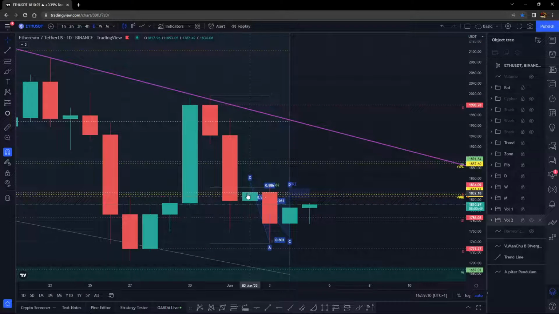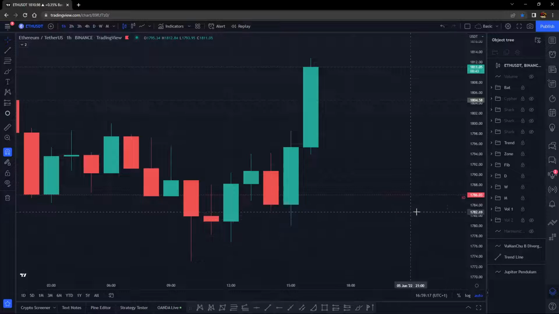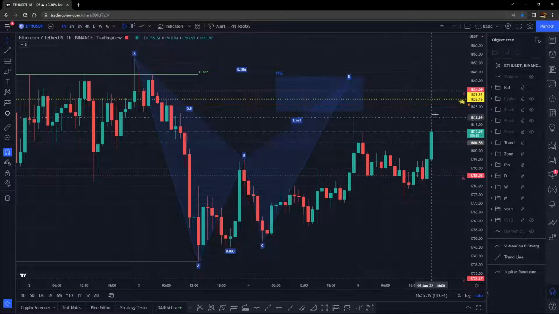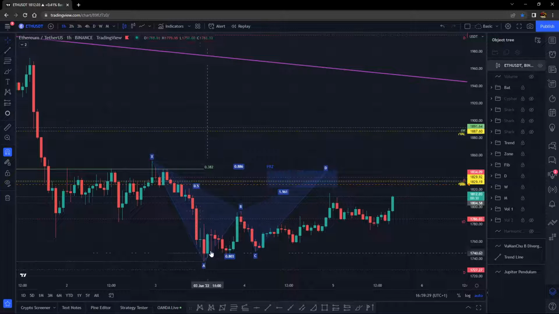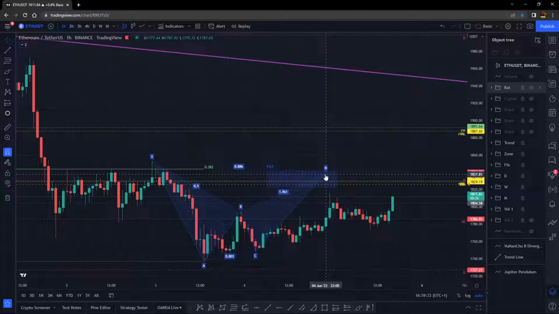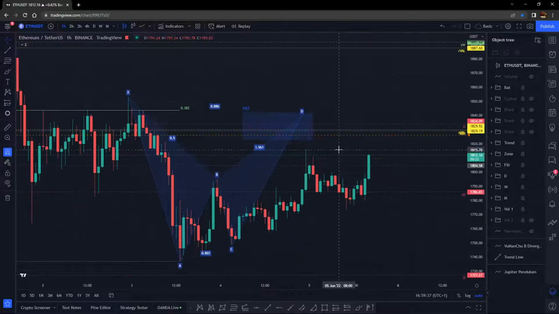This daily level there. So there's that daily level, and there's the range value area low, but also you can see there would be a perfect bat forming in this area if it carries on going, which it is.